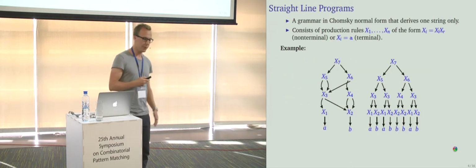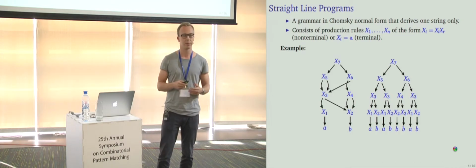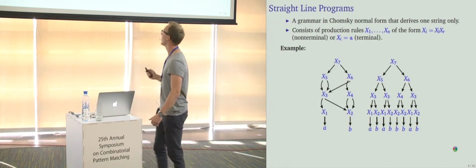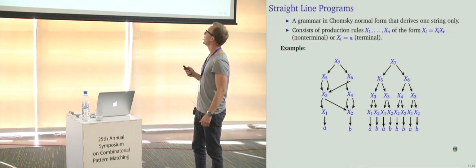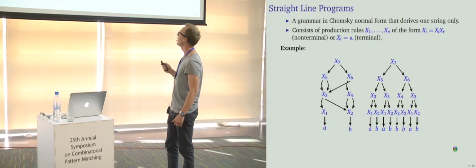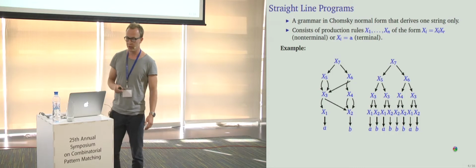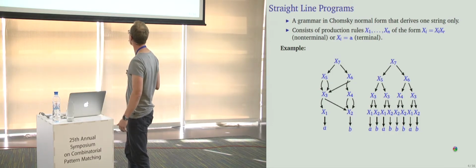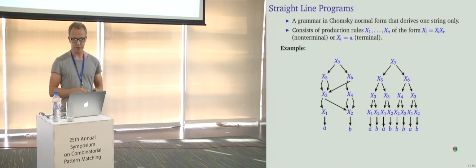But in this work, we want to solve this problem on compressed strings, and the compression scheme that we consider is the straight line program, which is basically a grammar, as the one shown here, where if we want to decompress the example that is shown on the slide, we start from the root node, and then we do a left to right traversal, and we get a parse tree where the string that is compressed is on the leaves of this tree.